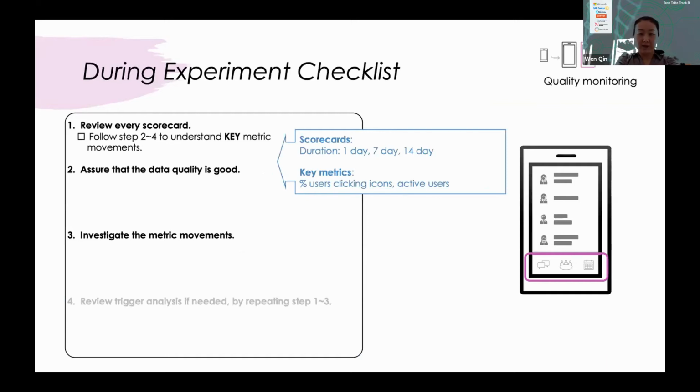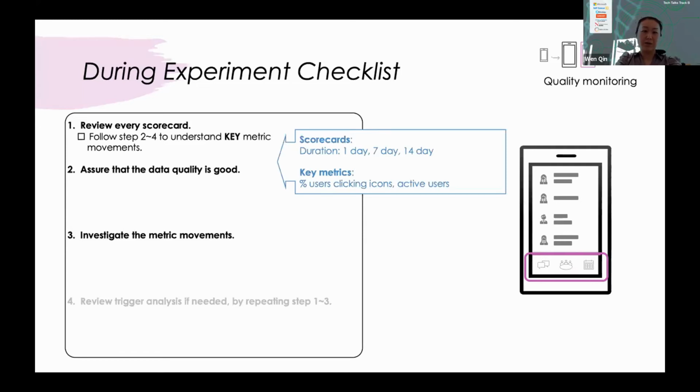In the second phase, assume that you schedule several scorecards for your experiment. For example, you have the 1 day, 7 day, and 14 day scorecards, and you want to walk through this during-experiment checklist whenever a scorecard is ready. For example, if you have the 1 day scorecard available, you want to review it and follow steps 2 to 4 to understand the key metric movements in your scorecard.